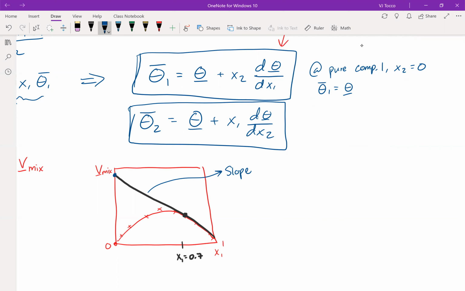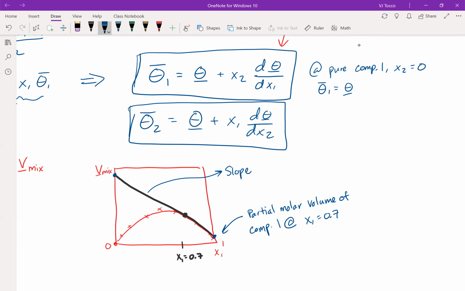So I could say that the partial molar property of component 1, I wanted to make sure I'm saying the correct thing here. The partial molar volume of component 1 is on this side. So this is the partial molar volume of component 1 at x1 is equal to 0.7.